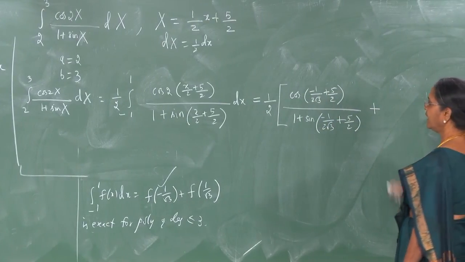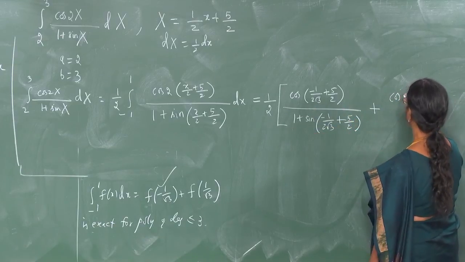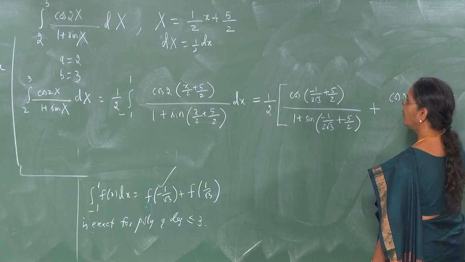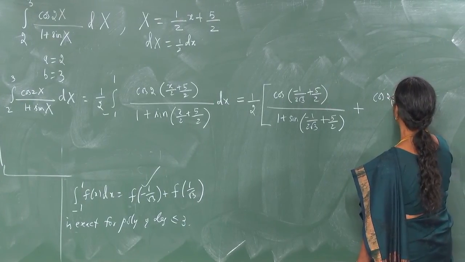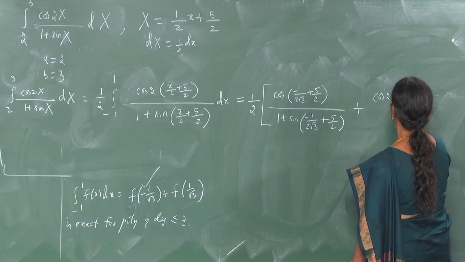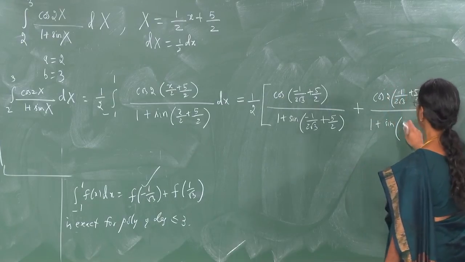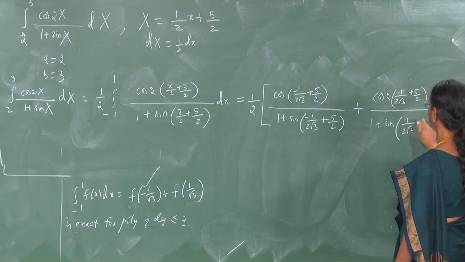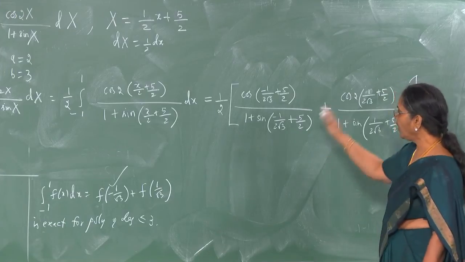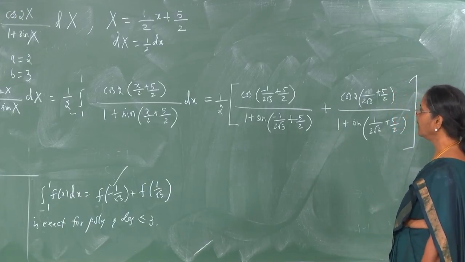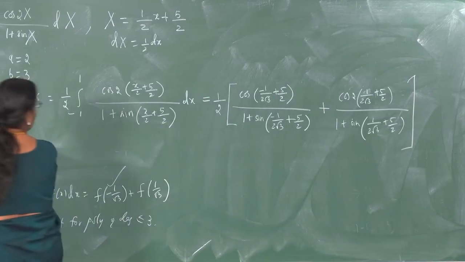Then the second term at x is equal to 1 by root 3, this should be evaluated. So, cos of x is 1 by root 3 plus 5 by 2 divided by 1 plus sin of 1 by root 3 plus 5 by 2. So, both the ordinates have been computed, and this gives you the value of the integral.